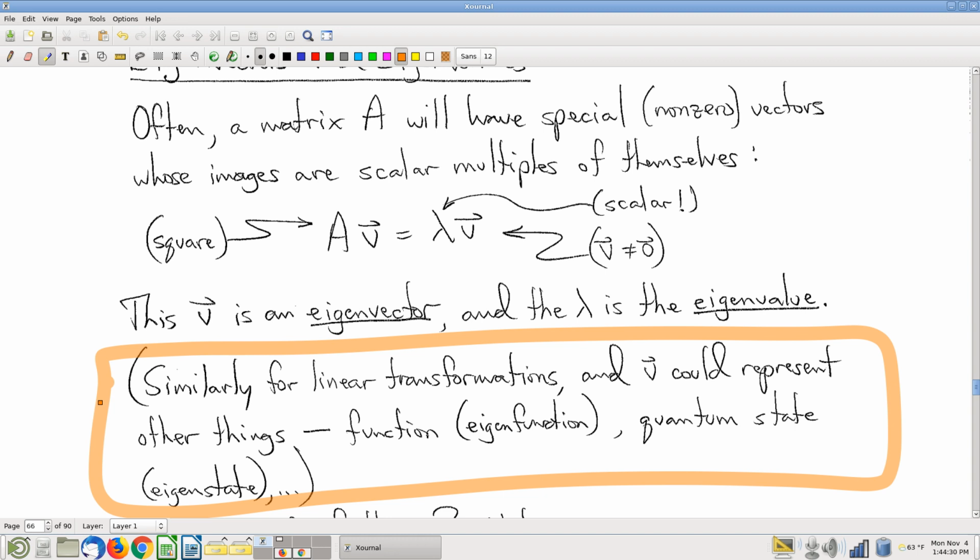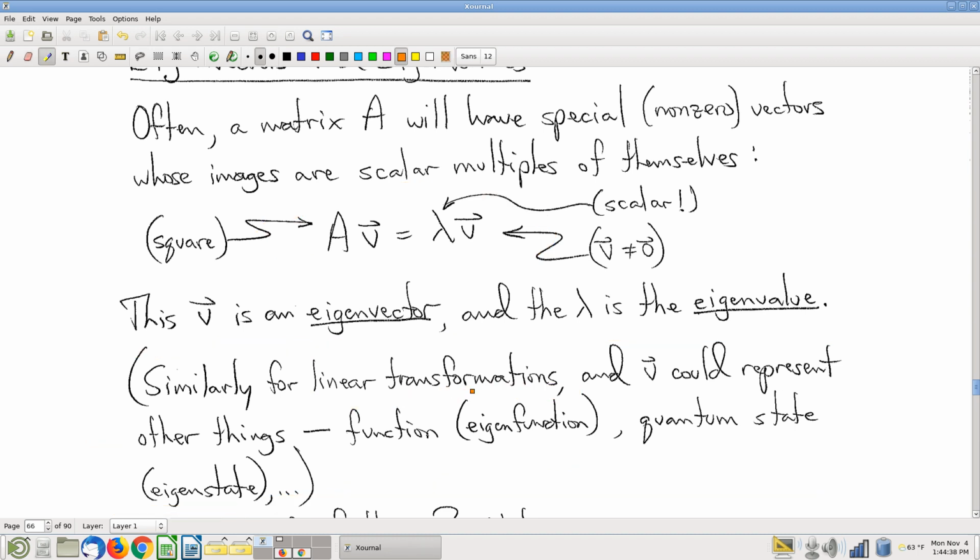So when something like this happens, but in the case where you're talking about a linear transformation instead of a matrix, we still use the eigen prefix. I'm not going to go into any details of these examples, but there are certain kinds of functions that are solutions to certain kinds of differential equations that you can view as being relevant to an equation like the one above, and we call such functions eigenfunctions. It just means it's an eigenvector of an equation that looks just like that one up there, just applied to a linear transformation. So, analogous.